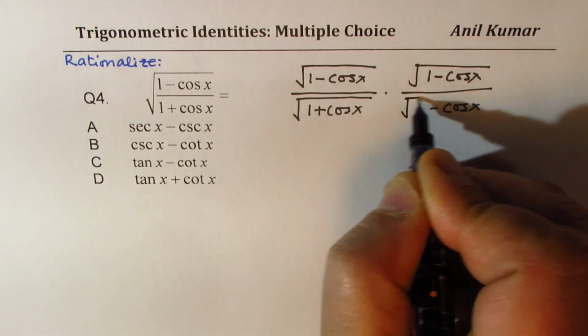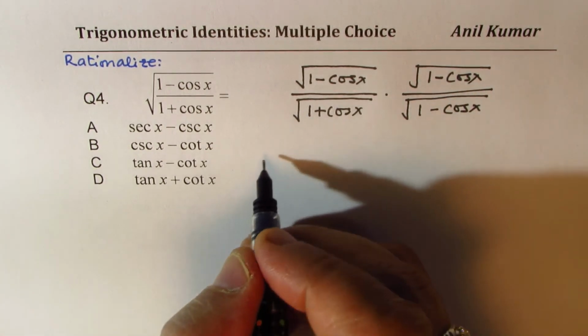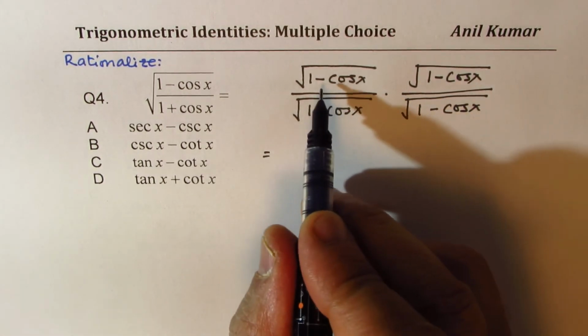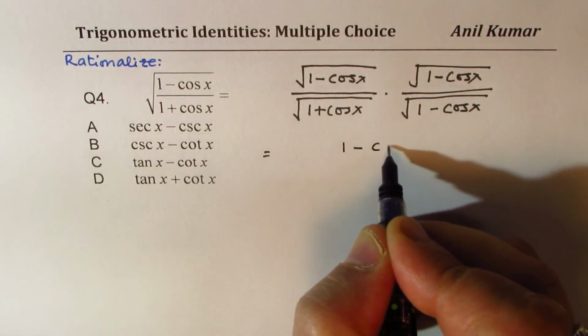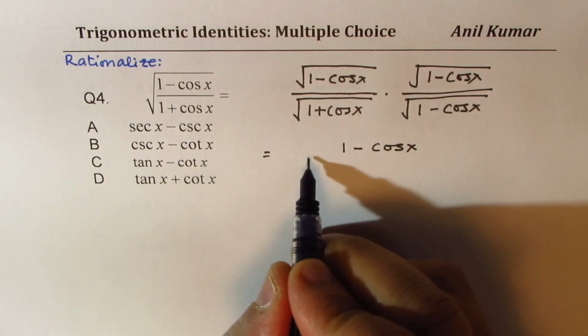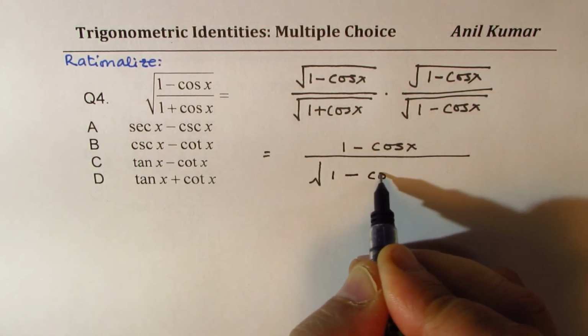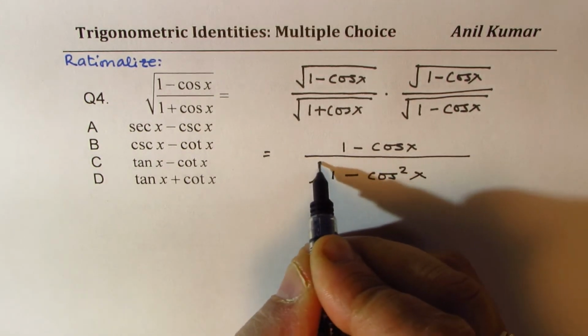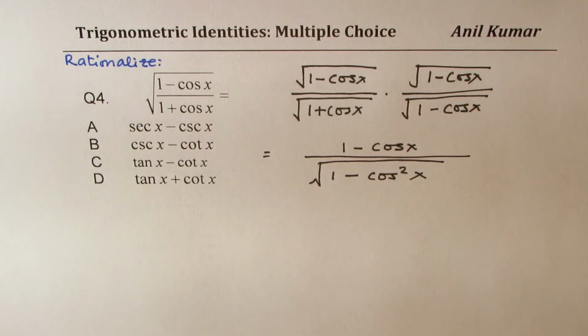So you're effectively multiplying by 1, so you don't really change the expression. When you multiply it becomes a square, so you get 1 minus cos x in the numerator, and in the denominator we get 1 plus cos x times 1 minus cos x.